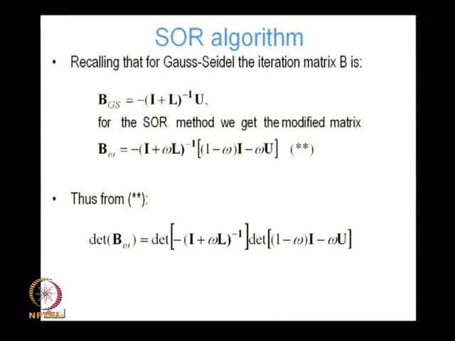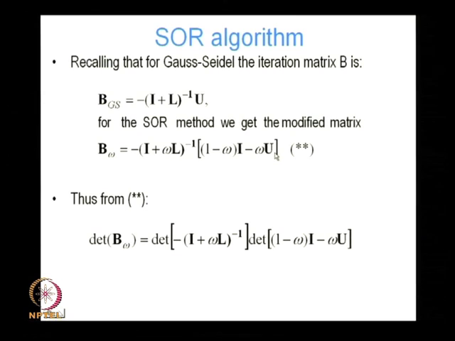For the SOR method, we get a modified B matrix, which we denote by B_omega, equal to minus (I plus omega L) inverse times ((1 minus omega) I minus omega U). I have not actually shown this, but I am asking you to take it for granted.